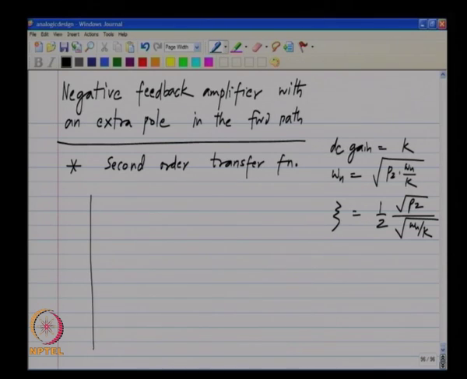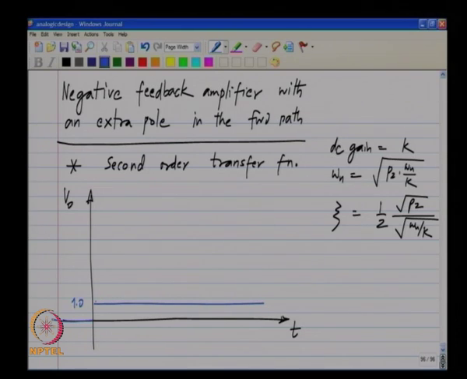Now, if you plot the step response of a system like this, response of the system to a unit step. So, let us say the input has a unit step. Now, what will happen after a long time, the output will be equal to the DC gain of the system times the input voltage.